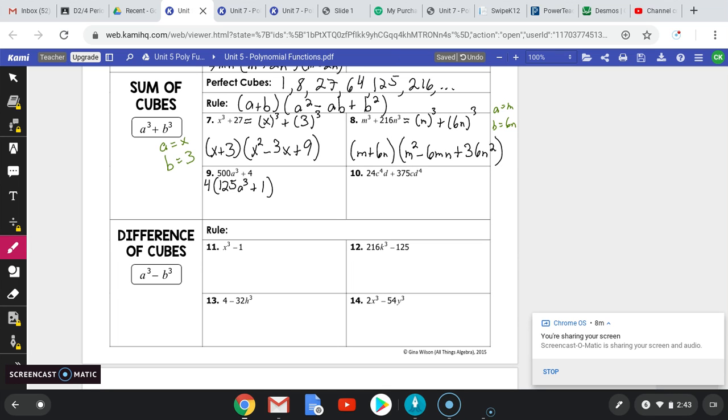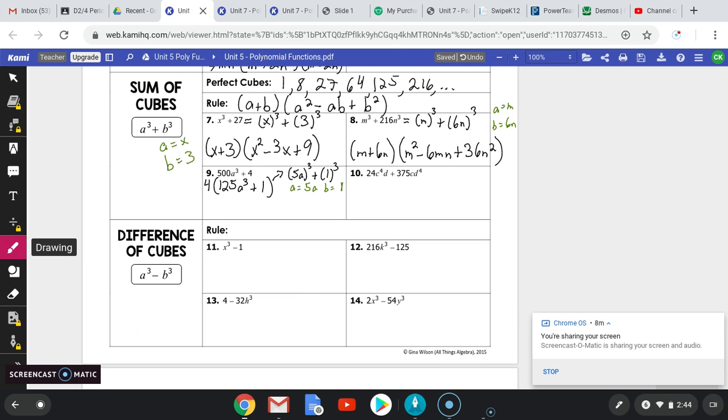Here again, we've got the sum of cubes because 125a cubed can be written as, well, what's the cube root of 125? It's 5, and the cube root of a cubed is a. So 5a cubed plus, and then 1 cubed. So that means a is 5a, and b is 1.